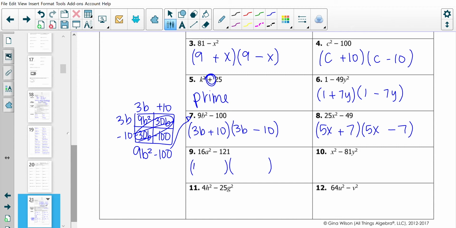You should have got 4a plus 11, 4a minus 11. Okay. Number 10. Square root of x squared is x. 81 is 9. Y squared is y. Plus, minus. Okay. Try number 11.